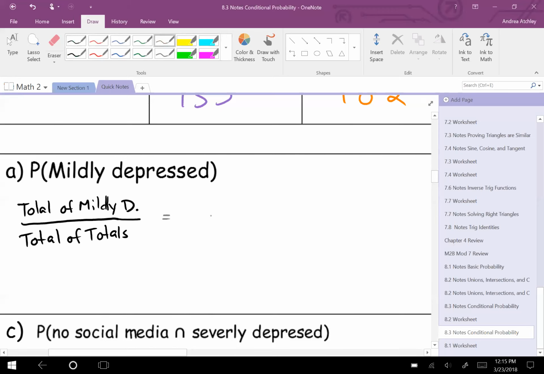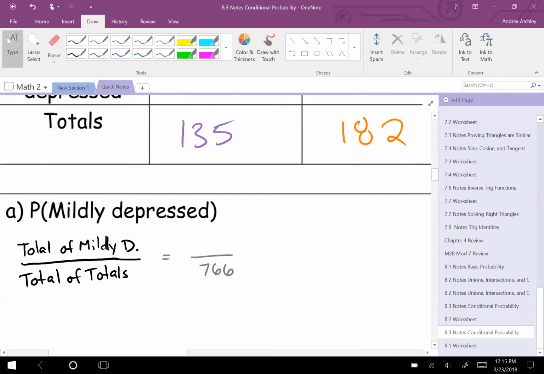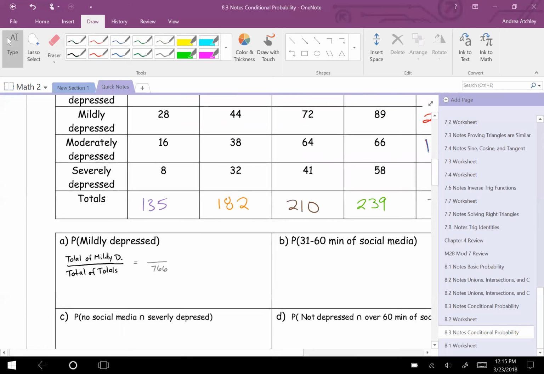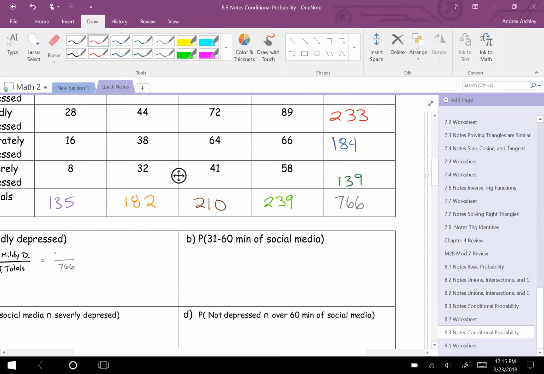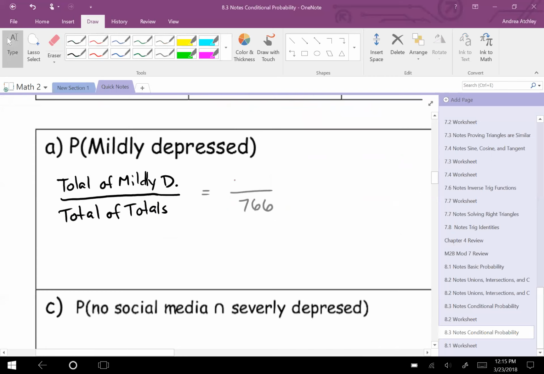So our total of our totals was 766. And we need to find how many people were mildly depressed. The 233. We do that math, we divide it, and we get about 0.30, sorry, I wrote that down wrong, 0.30 what, you guys? 4.